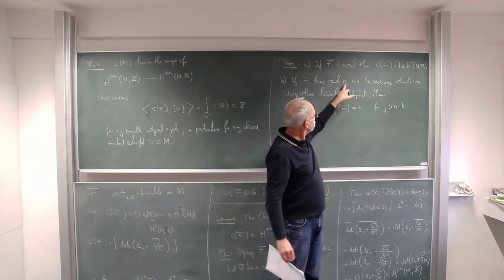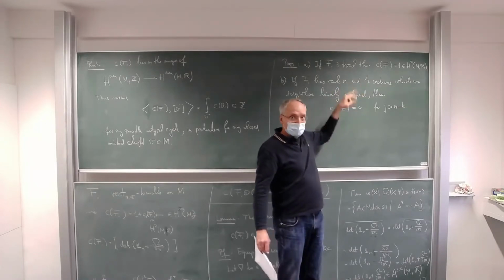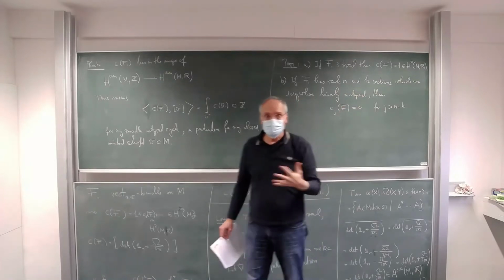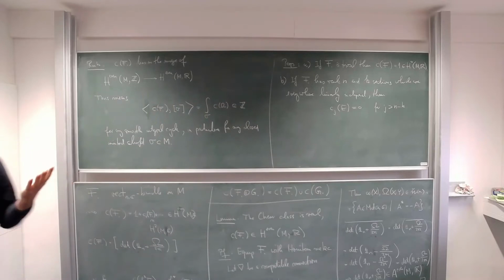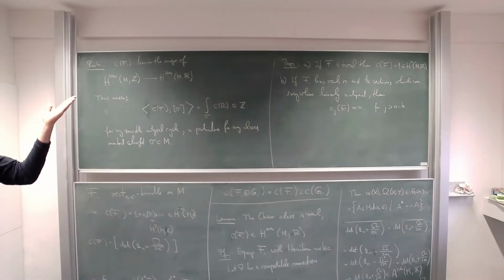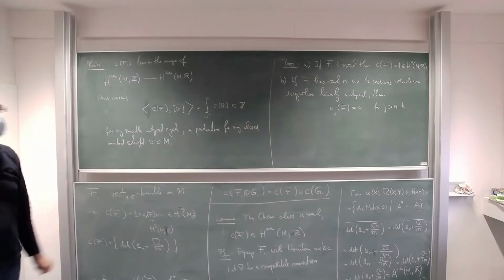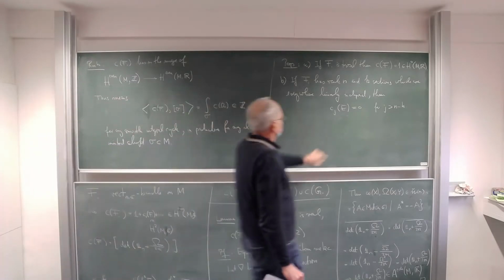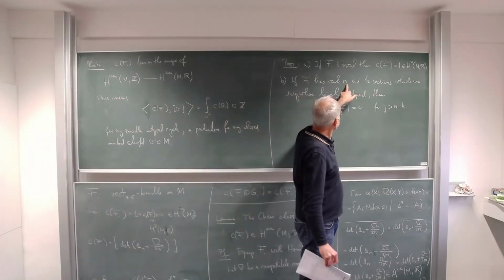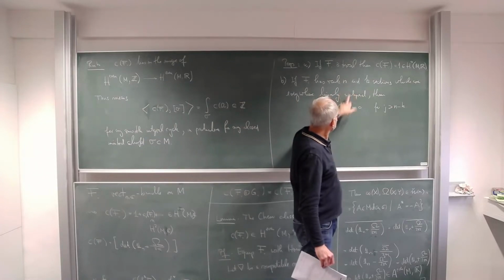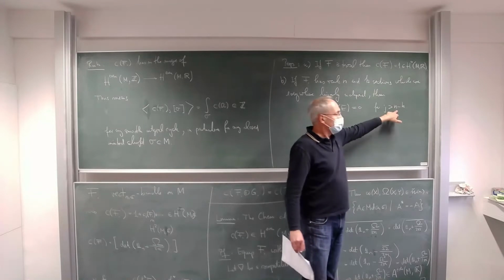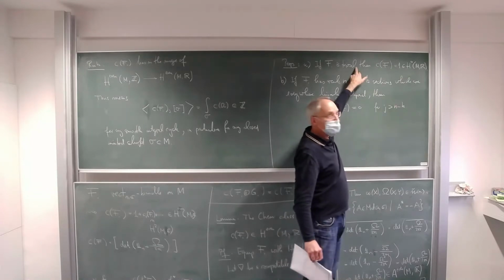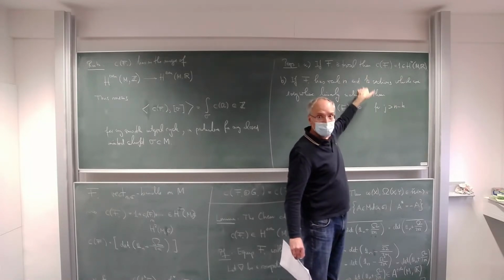At maximum, k could be equal to n. Then you would have n sections which are everywhere linearly independent, then it would be just a trivial bundle. So k equal n would just tell us that the bundle is trivial, and then all Chern classes for j positive vanish. So A is just a special case of B. Okay.